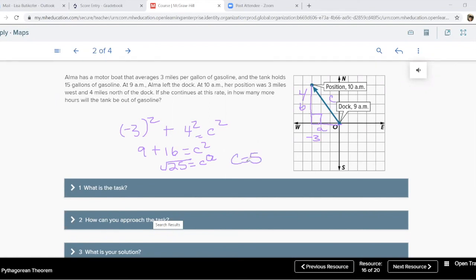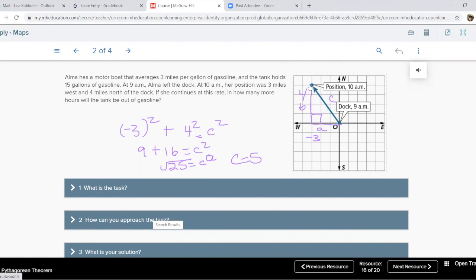So if she continues at that rate, how many hours will it take for her to be out of gasoline? 5 hours. Okay, so it's not 5 hours, but so she went, so if we read it up here, she has a motorboat with the average 3 miles per gallon, and it holds 15 gallons, okay? So when she leaves at 9 o'clock, at 10 o'clock, she is 3 miles west and 4 miles north.